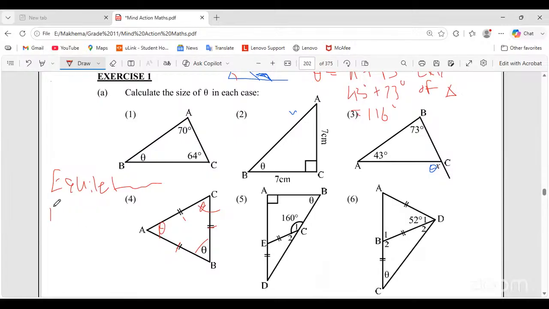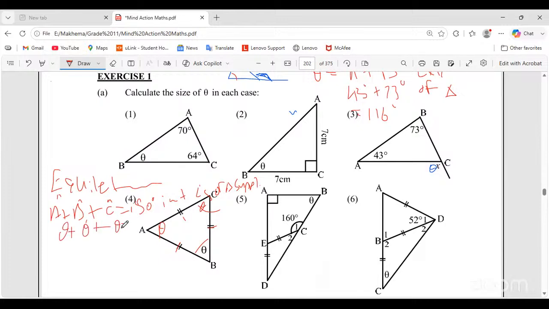Now, you will say angle A plus angle B plus angle C is equal to 180 degrees. Why do I say this? Because interior angles of the triangle are supplementary. Okay, yes. What is A? A is theta. What is B? B is theta.